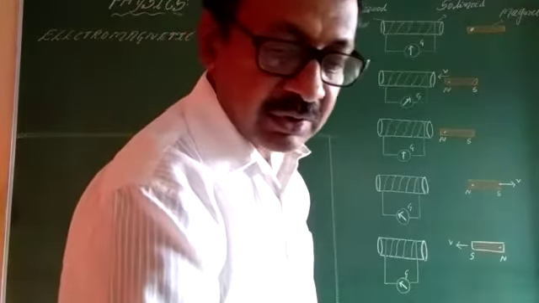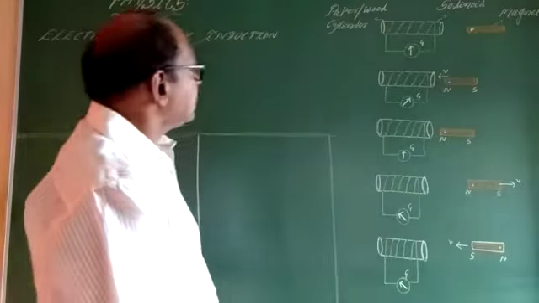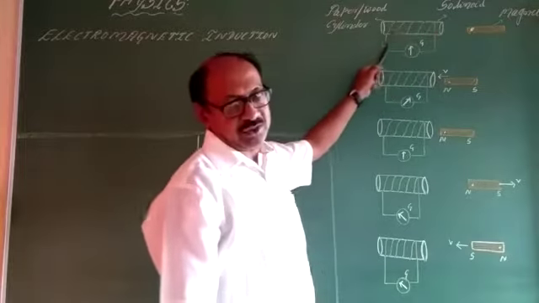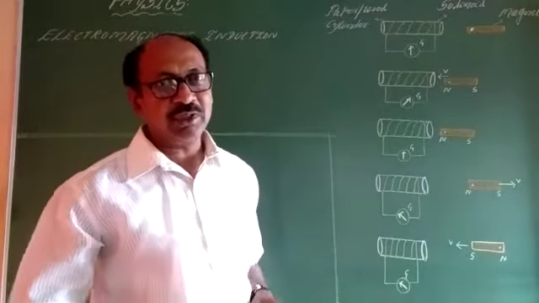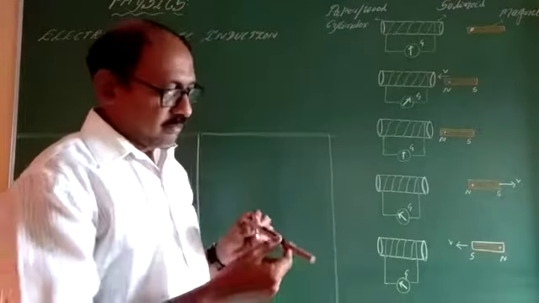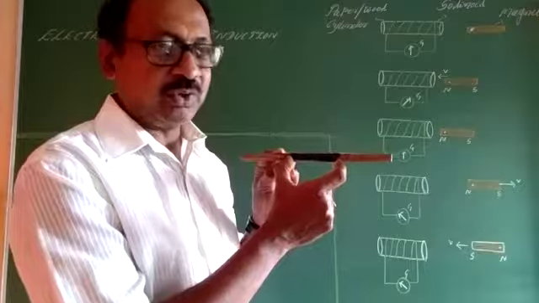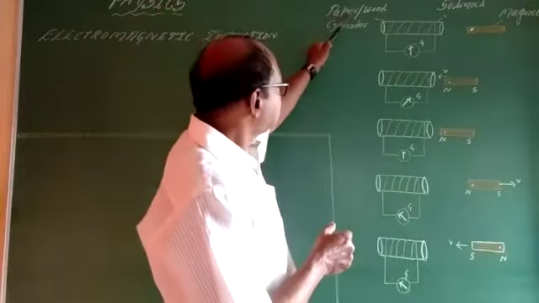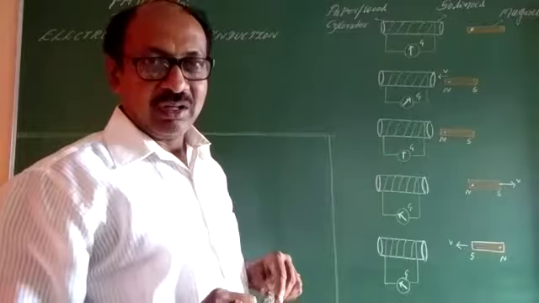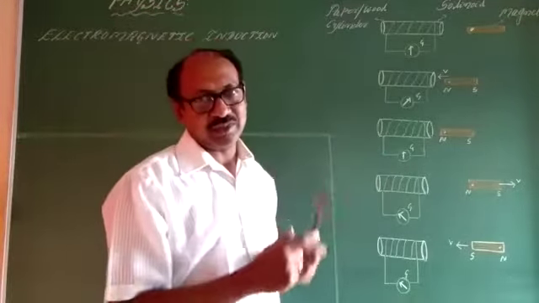So here we have one experiment. This is a solenoid. You already know the meaning of a solenoid. You can take any plastic, wood or paper, make it into a simple cylinder, and wind a number of copper turns on it.